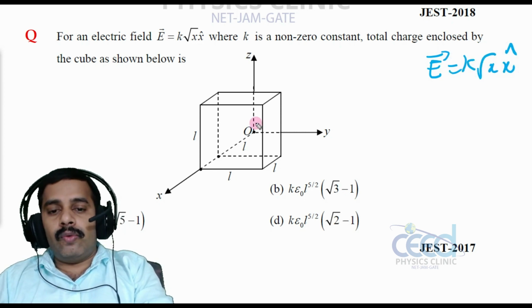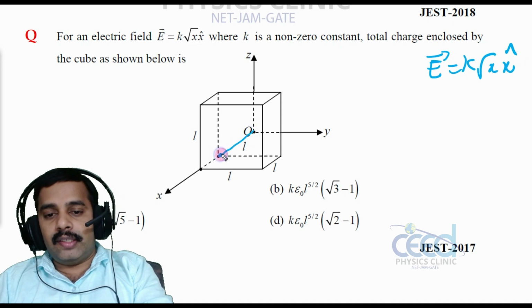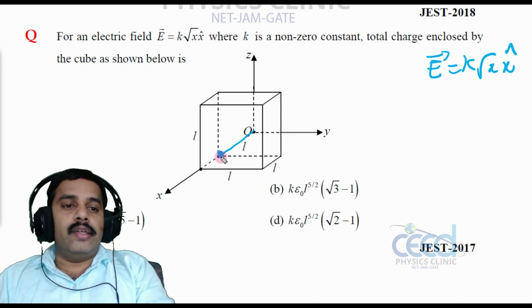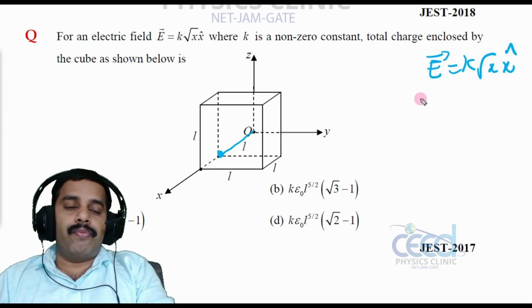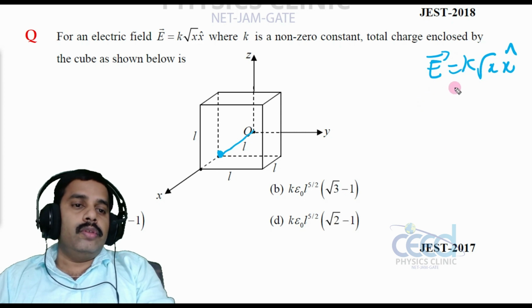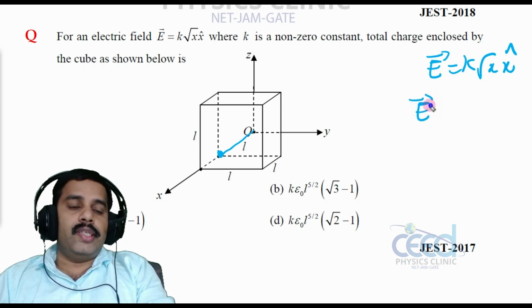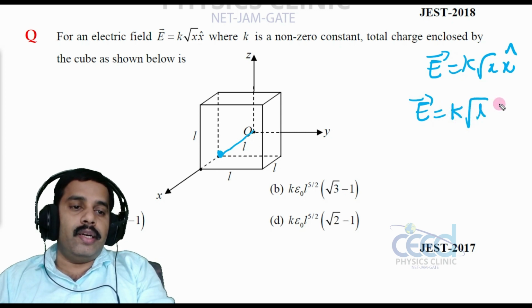So what is the flux at this region? At this region the electric field E is equal to k root L x cap, along the x cap direction.